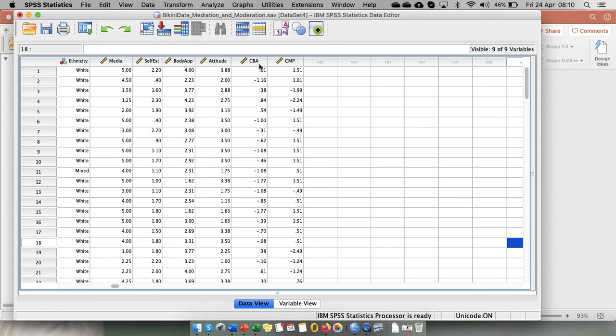Okay, so we have our two centered variables. One is the variable that we're going to use as the moderator, and another one as a predictor.